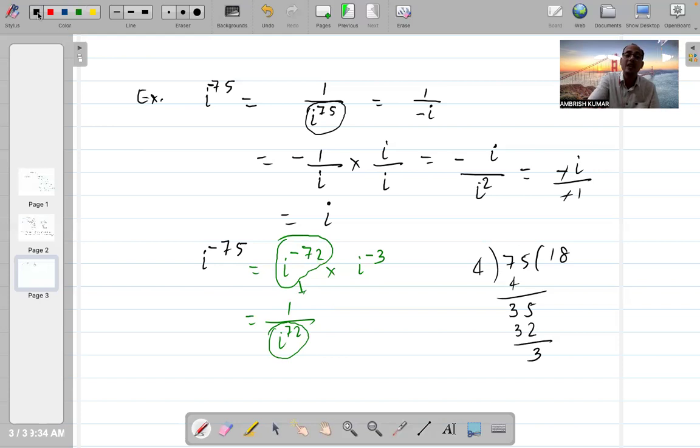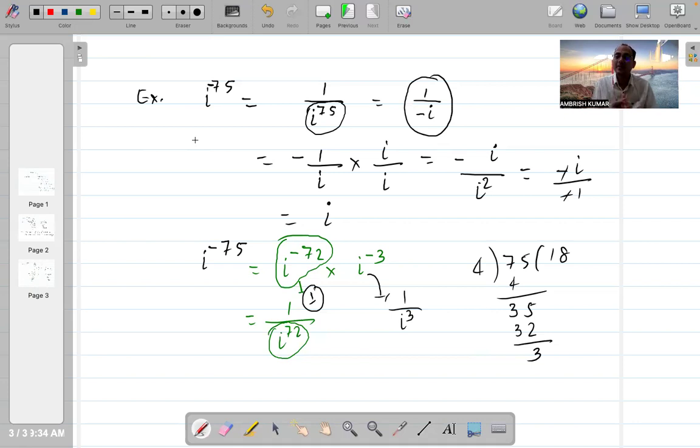So here you just have to deal with the value of i power minus 3. This we can further write as 1 by i power 3, and i power 3 we already know, minus i, and again you will multiply with i in numerator and denominator. Okay. So we can find the value of i with negative power also.